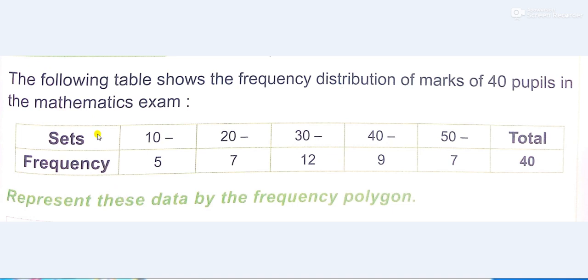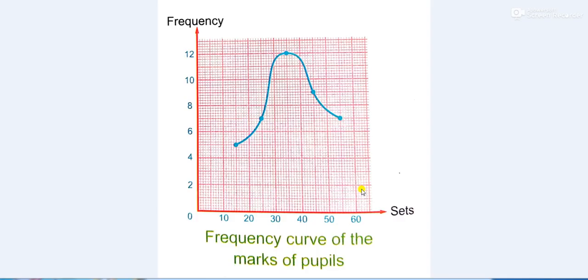Now let's graph this frequency distribution table, and he asked me to draw the frequency polygon. Sets 10 to 20, 20 to 30, 30 to 40, 40 to 50, 50 to 60. On the horizontal axis, we set 10, 20, 30, 40, 50, and another one, 60. Every time it increases by 10.